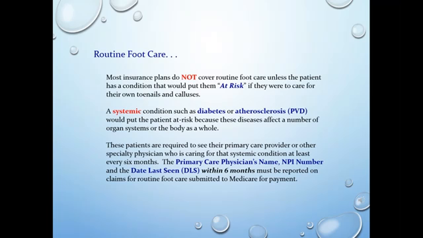Alan, if I could interject something here, since you mentioned an ABN, and we did cover this on last month's webinar, all about ABNs. If you weren't in attendance, listen to the recording of that webinar. We'll make sure that you know exactly where to retrieve it. But with those at-risk foot care codes, what we strongly recommend you do is each and every time the patient comes in, get them to sign an ABN.